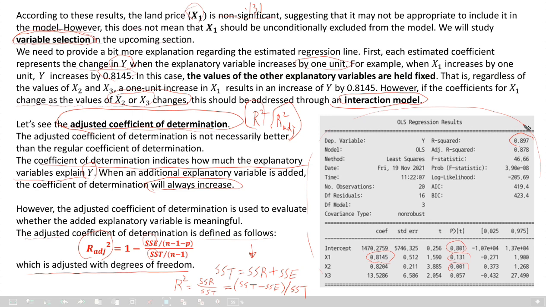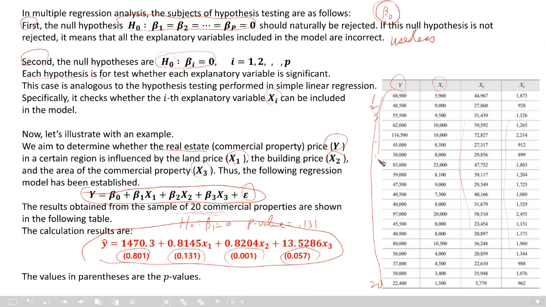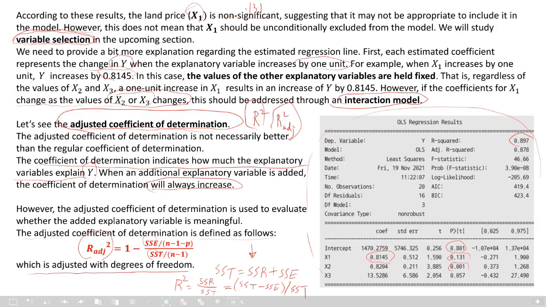Okay, why are these values different? The variability of y can be explained by the 3 explanatory variables. 89.7, yeah, that is what R square means, and for adjusted R square here, this value is less than R square, but this value is not necessary to explain here.